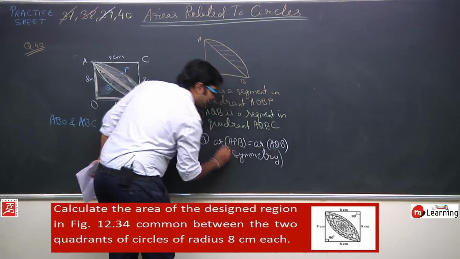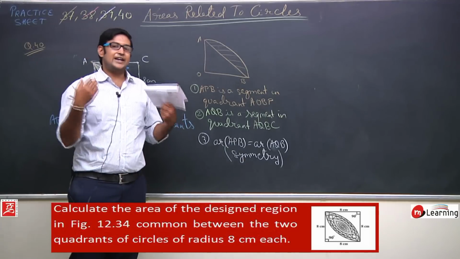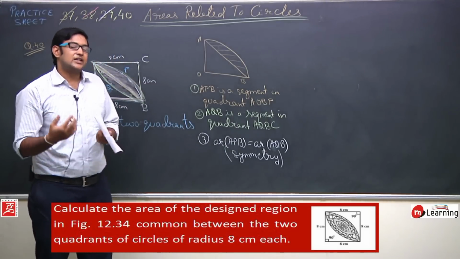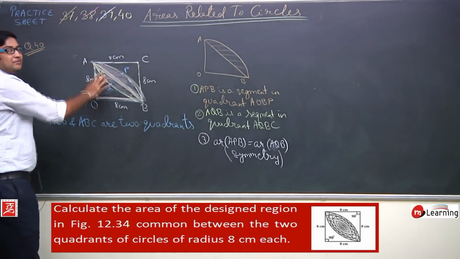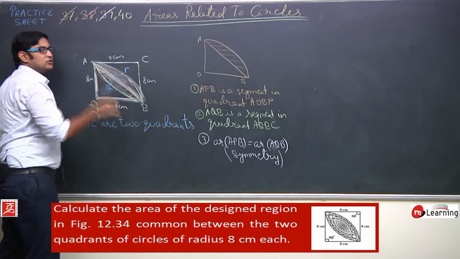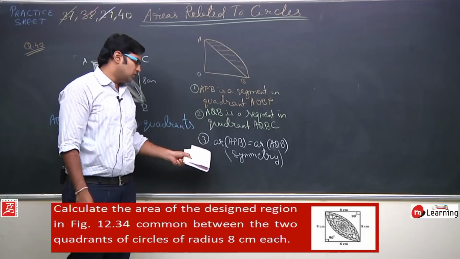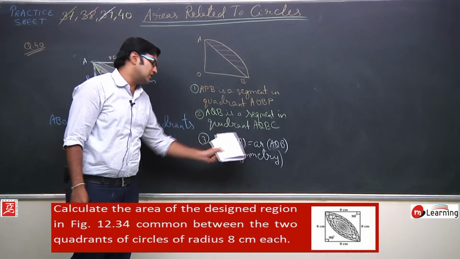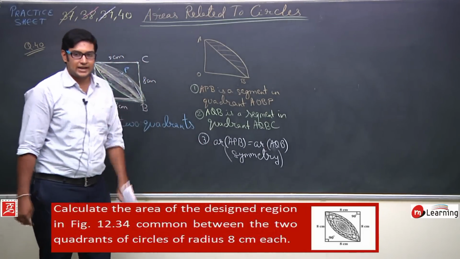Both the quadrants are similar, identical, their radius is equal, 8 centimeters. This is 8 centimeters, this is 8 centimeters, this is 8 centimeters, and this is also 8 centimeters. So due to symmetry, I can say both the segments are going to have equal areas.